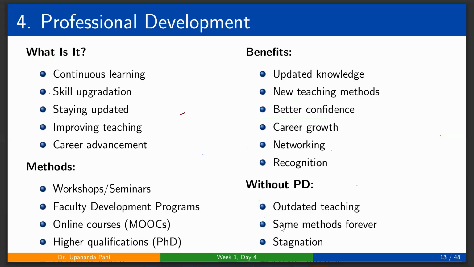So similarly, the next important dimension of a good teacher is professional development. Now, what is professional development? Professional development is a continuous learning process. How can I upgrade myself, what is happening in my field, and then skill upgradation.